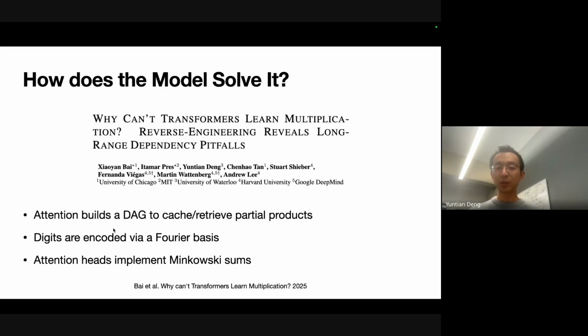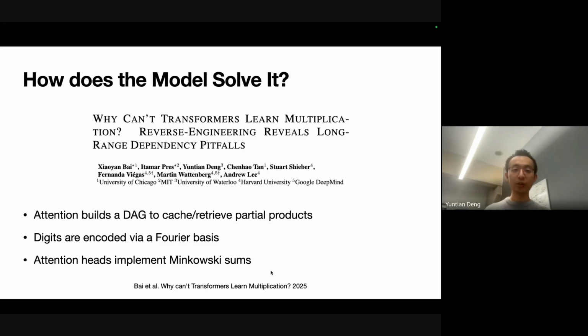Attention builds a graph to cache and retrieve partial products, and also implements partial sums, and the digits are encoded via a Fourier basis. Because this reasoning process mainly involves partial products and partial sums, the model is just replicating this process internally in order to output a final answer.